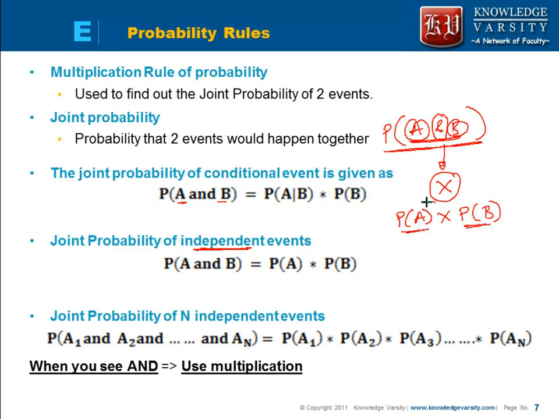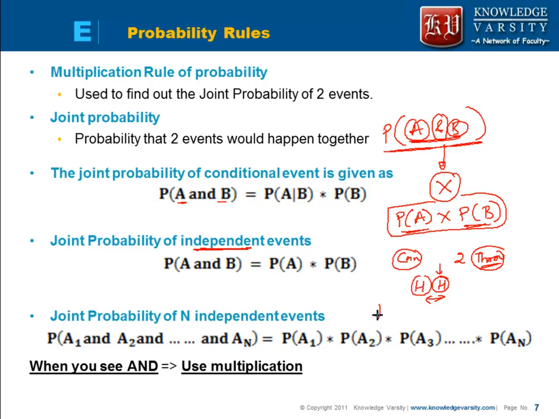In a plain simple way, you are saying the probability of A and B together. Think about throwing a coin. You want to know, in two throws, the probability that you will get head both times. Note that these two are independent. This throw is not dependent on the previous throw.